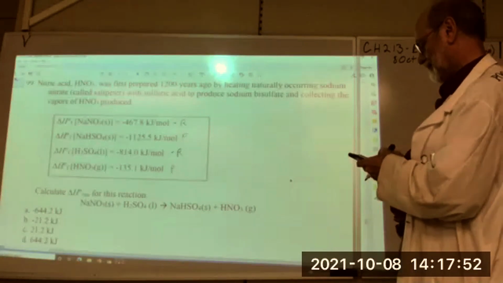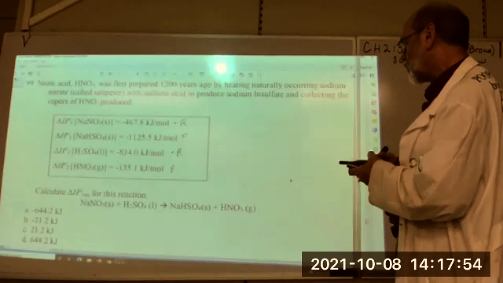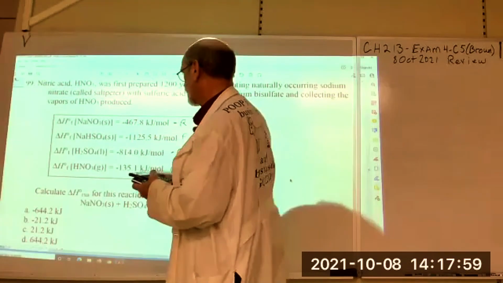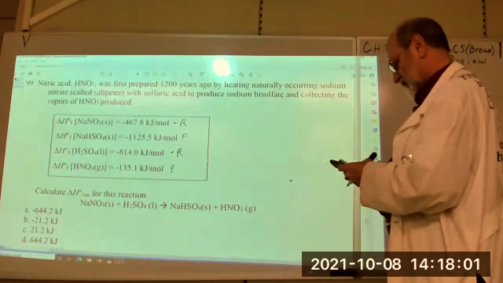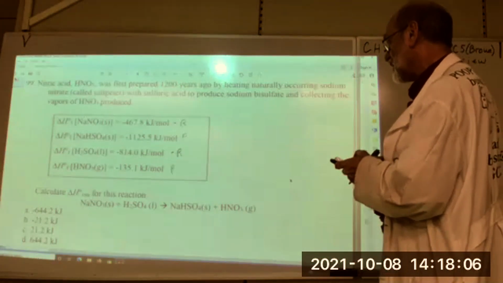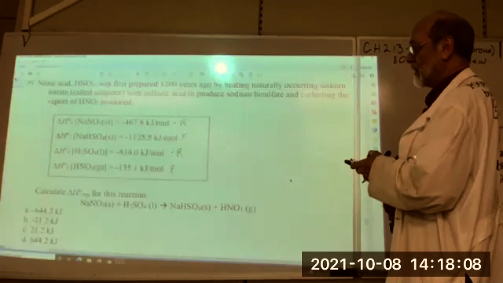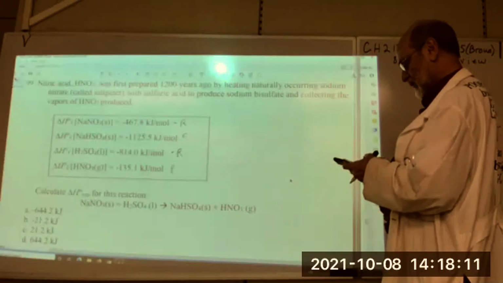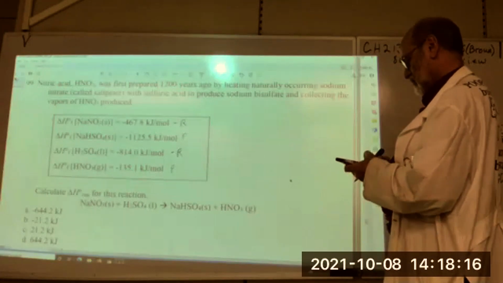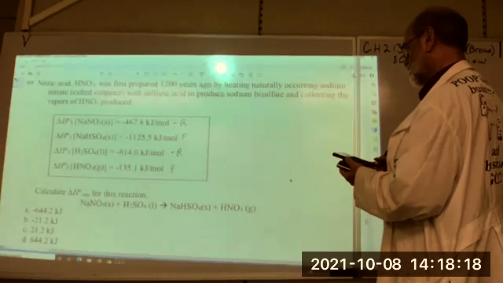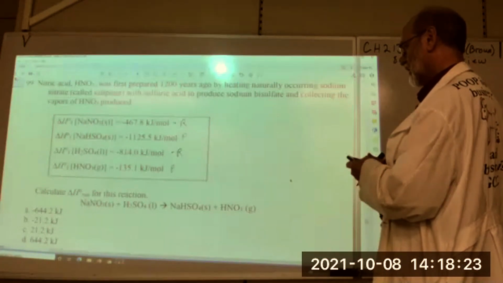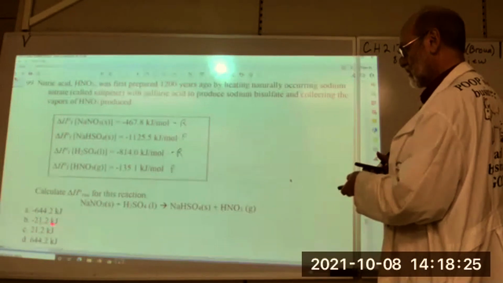Then we want to subtract this one, which makes the sign positive, 467.8. And the other one, 814.0, which is negative, so that one needs to be made positive also. And I get 21.2. Yeah, 21.2 right here. Kilojoules.